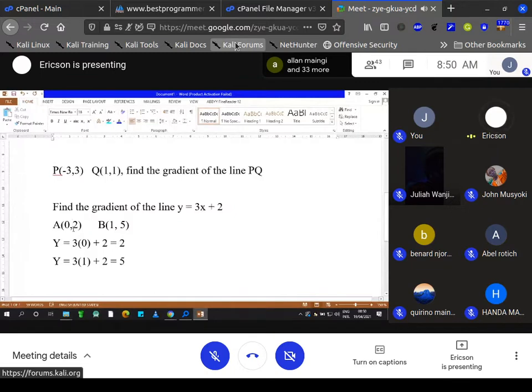So when you are calculating the gradient again, you must have 2 points, because there must be a change in x.